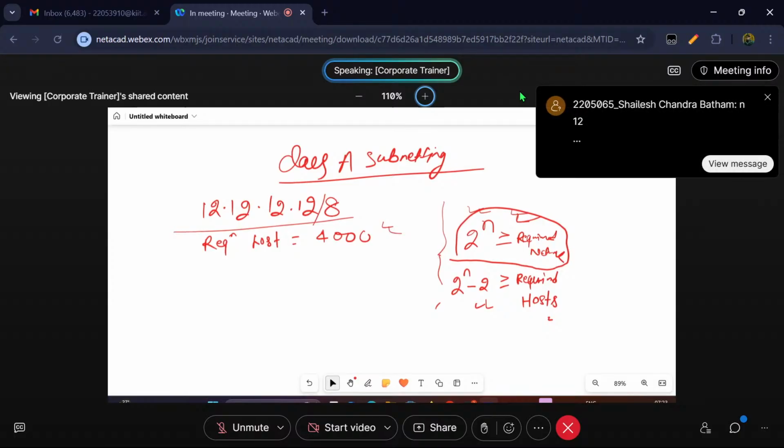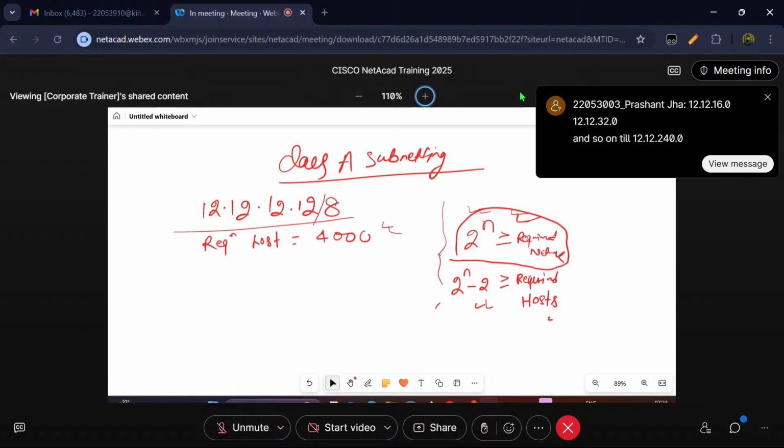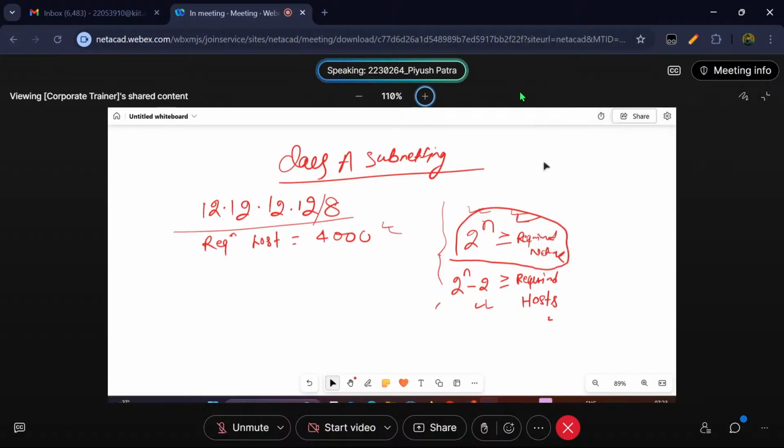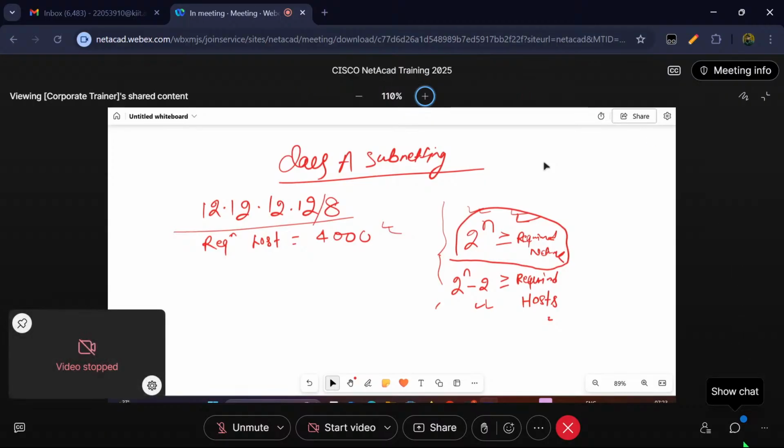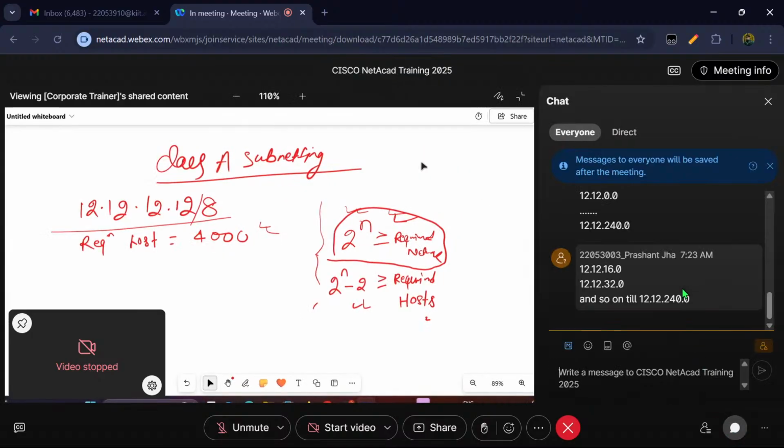So it should be 12, not 16. Just check it properly. I'm talking about n, not the magic number. N value. Yes, sir, n equal to 12. Yeah, n equal to 12. N is 12, magic number is 16. Okay, 16.